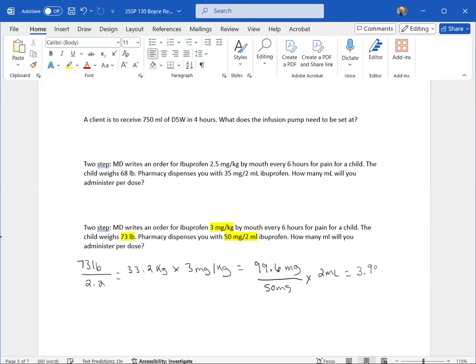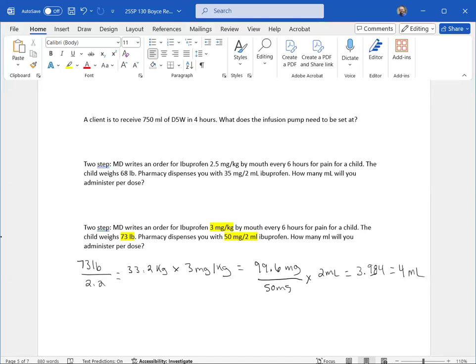Now, when you get a number like that and you're so close to pushing up to the whole number, one of the things I always pay attention to is look at the number here, 8, right? Eight's going to round the 9 up to the next whole number. So your answer would be 4 milliliters.